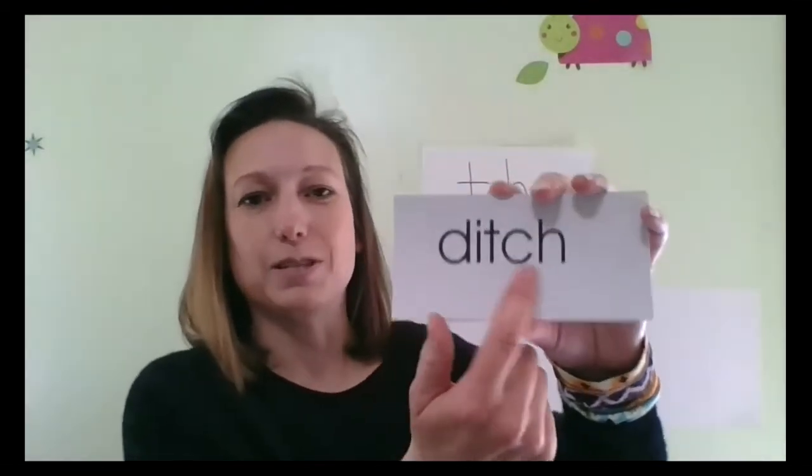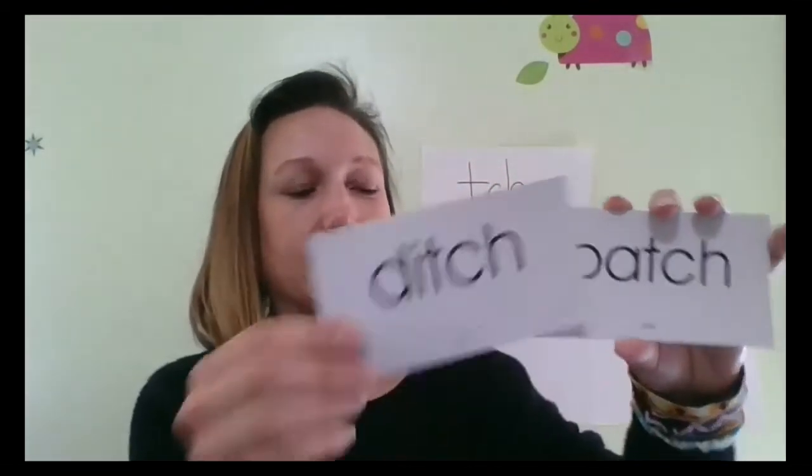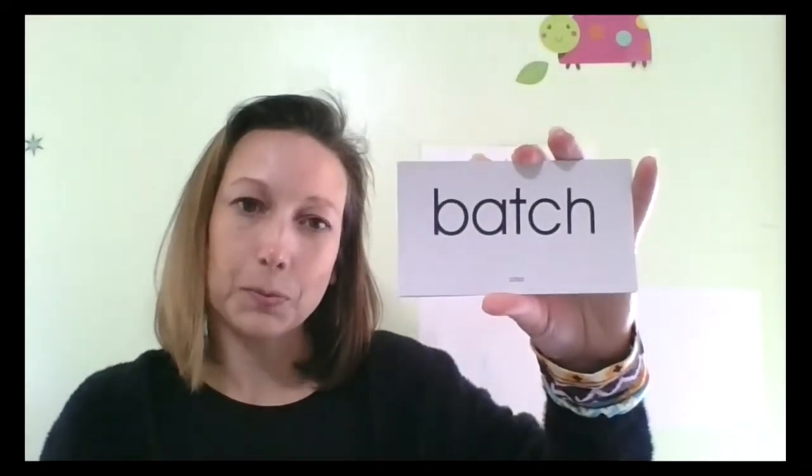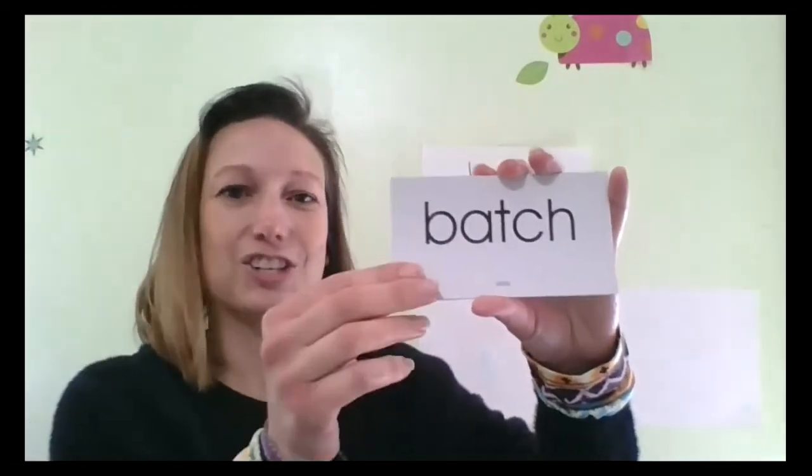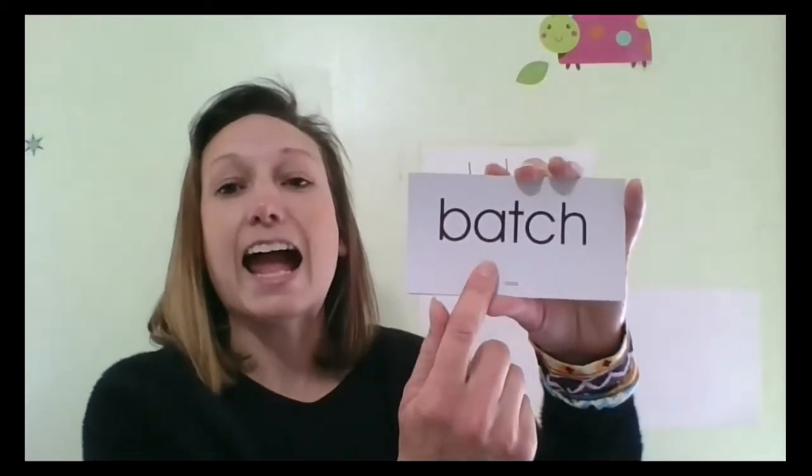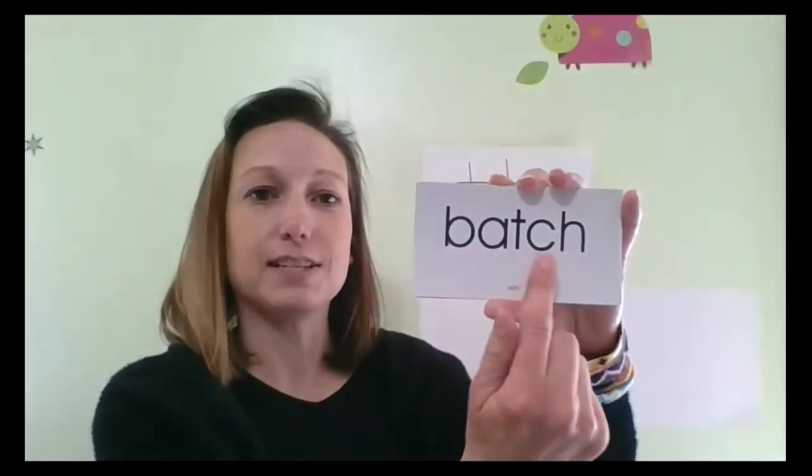Ditch, ditch. Again, our I is saying i, so we use the long spelling, TCH. Batch, you might make a batch of cookies. My A says a, so I use TCH.